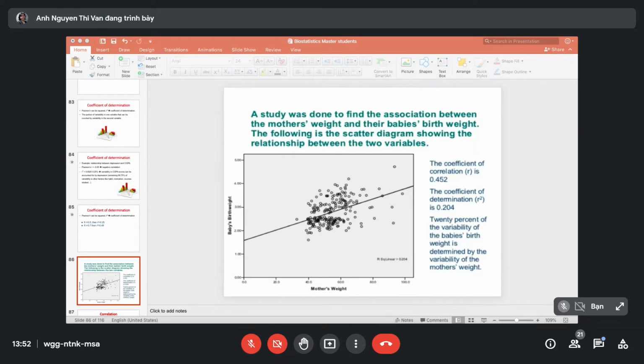So we are talking about the correlation, and the Pearson correlation can tell you about the correlation between two variables. So can the Pearson correlation test tell you the cause-effect relationship or the causal correlation?